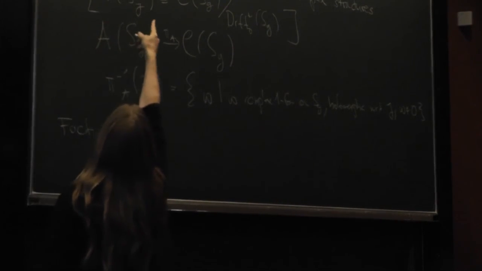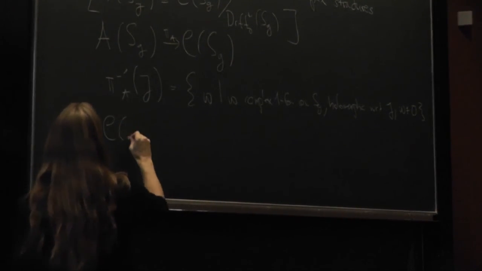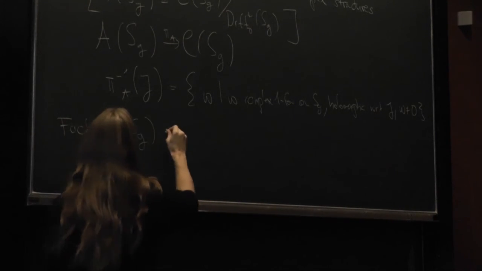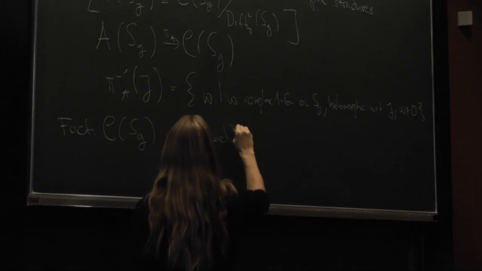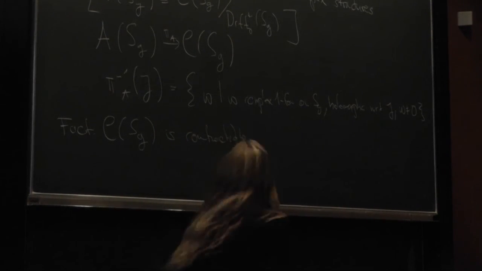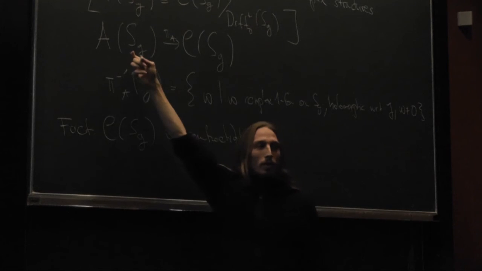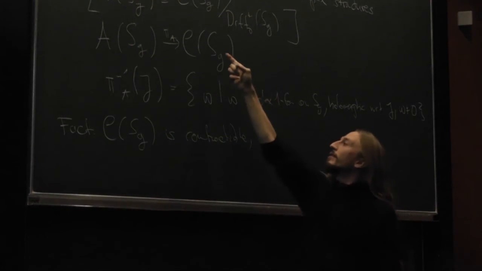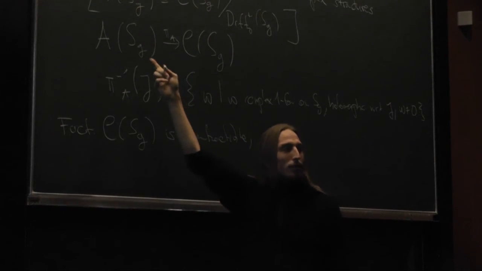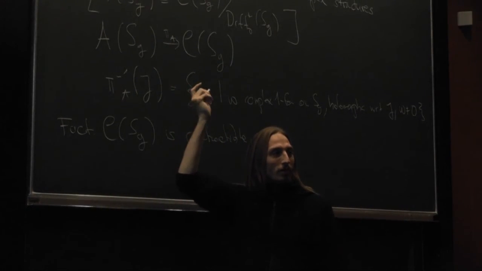Well, first we know that the space is contractible. And secondly, in this space, this is almost a vector bundle, right? Because if you fix J, then the space of holomorphic one-forms is just a complex G-dimensional vector space.